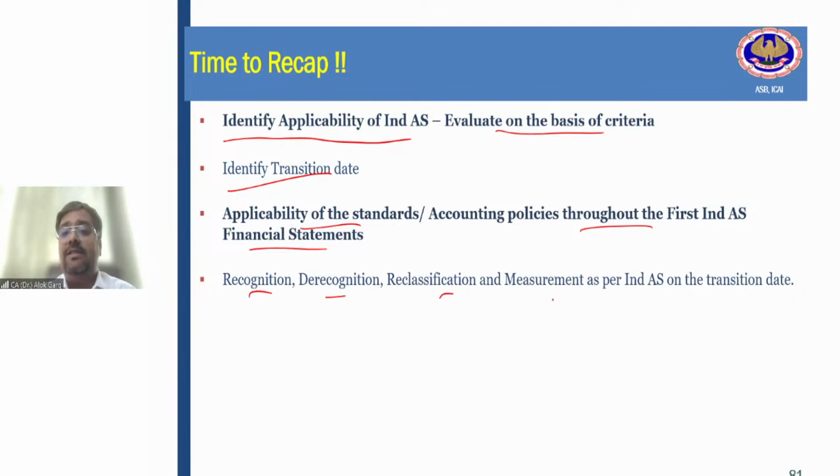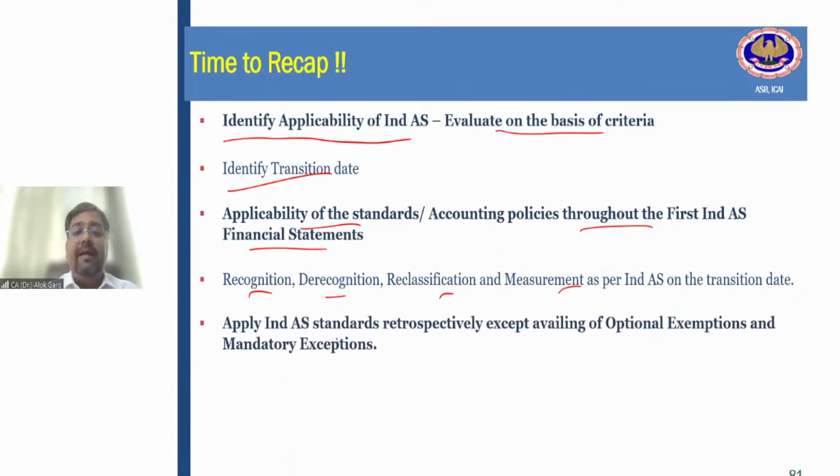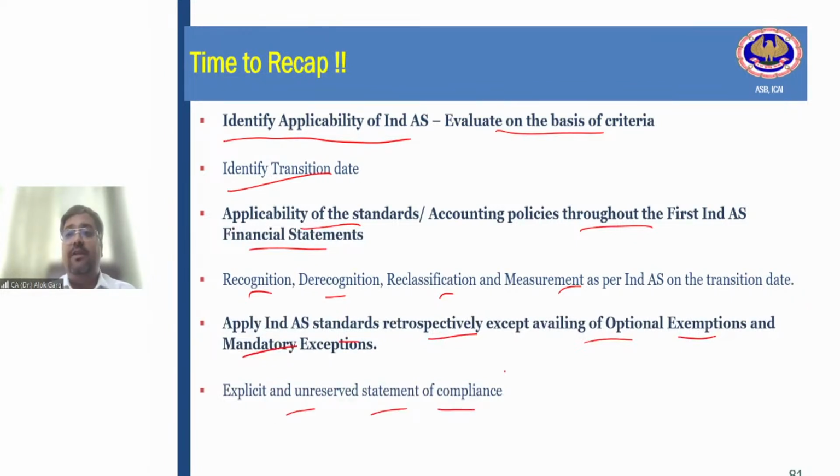Recognition, derecognition, reclassification and measurement are for Ind AS on the transition date. Apply Ind AS standards retrospectively, except for availing optional exemptions and mandatory exceptions, right? An explicit and unreserved statement of compliance has to be given in the first Ind AS financial statement, and in subsequent Ind AS financial statements also as per Ind AS 1.